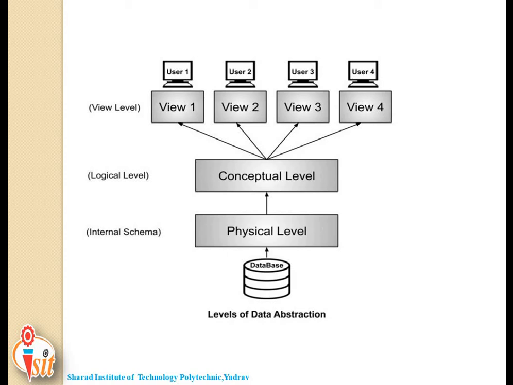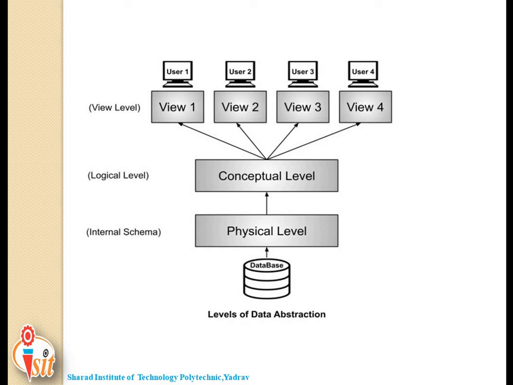It describes how the data are stored. It is very important. Underline it: how the data are stored. Complex low level data structures are described in detail in this level. For example, examples of the physical level are index, B-tree, hashing.